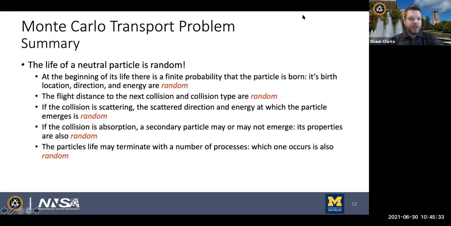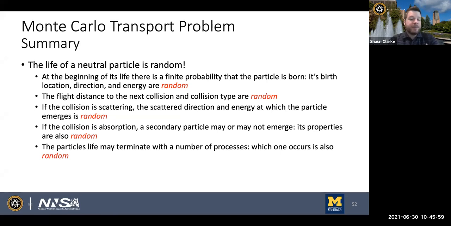Okay, so in summary, the life of particles is random. We've talked about this a lot over the last couple of days, but basically, whenever a particle is born, its location, direction, and energy are all random. Distance traveled between collisions is random. If the collision is scattering, the direction and energy are also random. If the collision is absorption, the particles that emerge and their properties are also random.